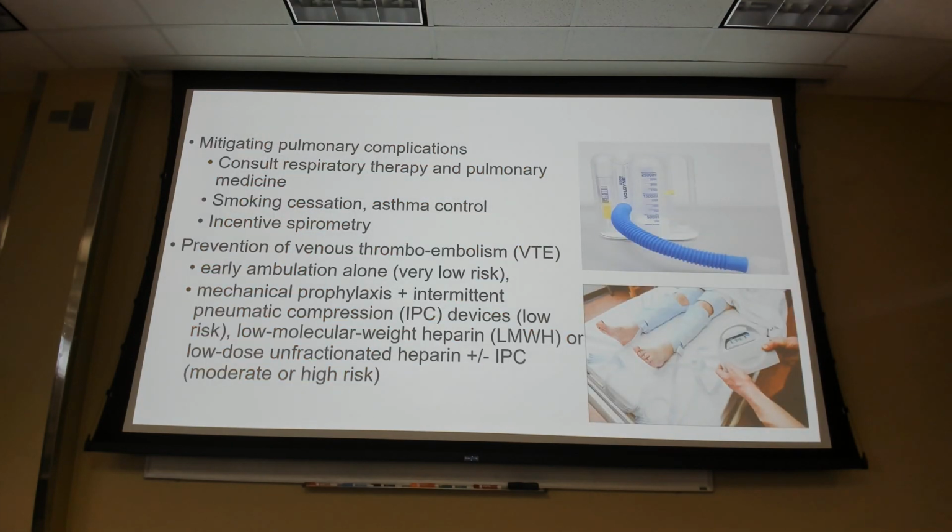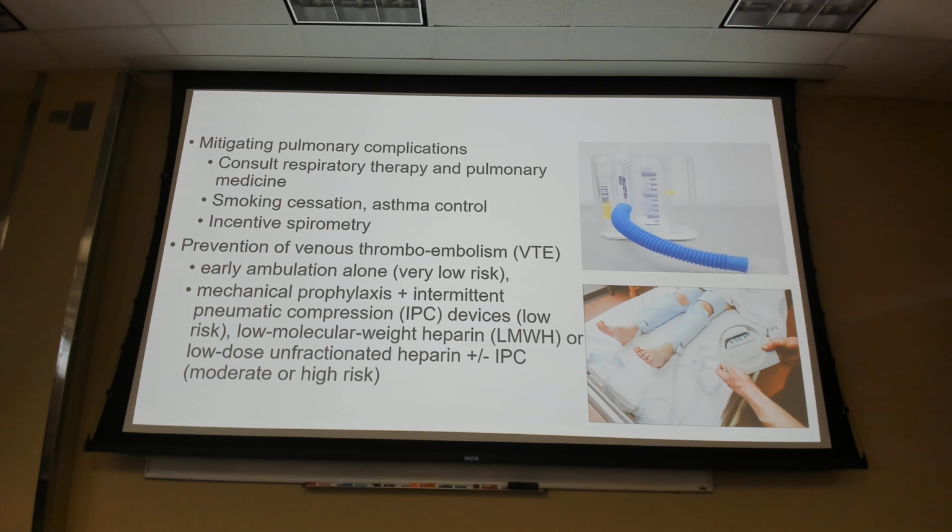So now what we can do in the post-op phase to mitigate these, obviously, an incentive spirometer is a good one, a great tool we can use at the bedside. We should have obviously had some smoking cessation beforehand, but we didn't catch that. And no matter whose fault at this point, we have to deal with it. And then obviously if they're an asthmatic, we need to make sure we have asthma control prior to any surgeries.